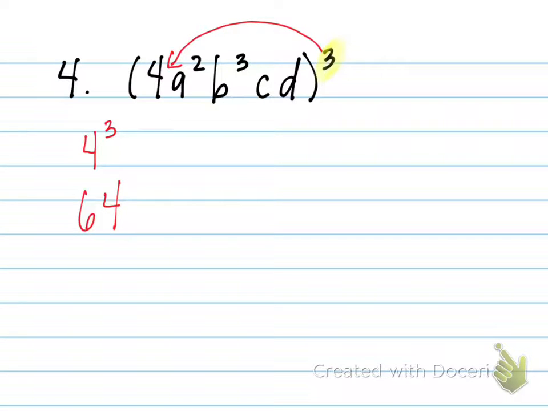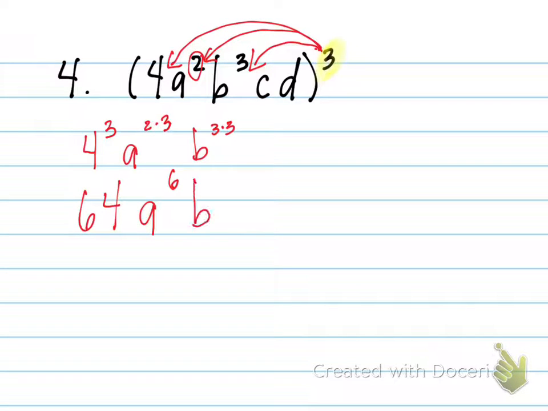Then I have a squared. I'm going to distribute that. So since it is a power to a power, a times 2 times 3. So I get a to the 6th power. Distribute the 3 to the b. So b times 3 times 3.